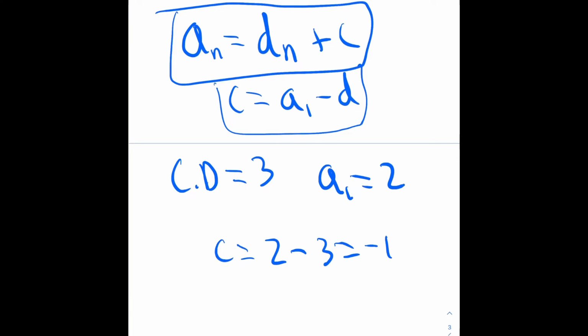My common difference is 3, so my equation has 3n, and because my c was -1, I'm going to say 3n minus 1. And this will get me the formula that I need.